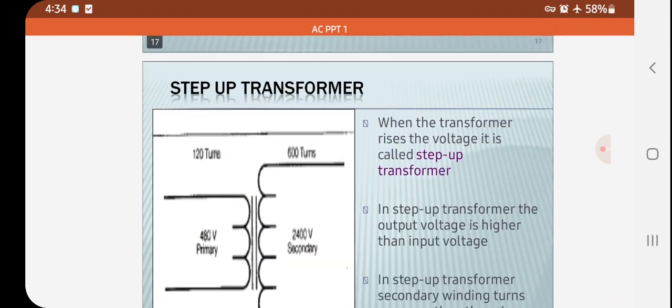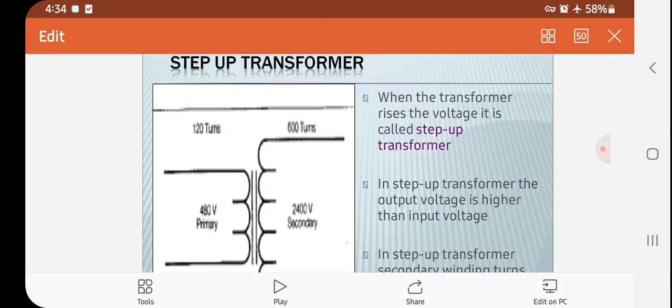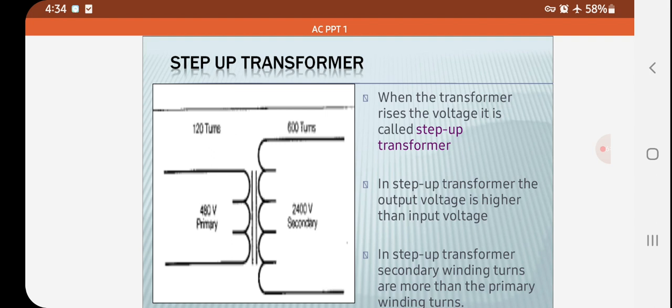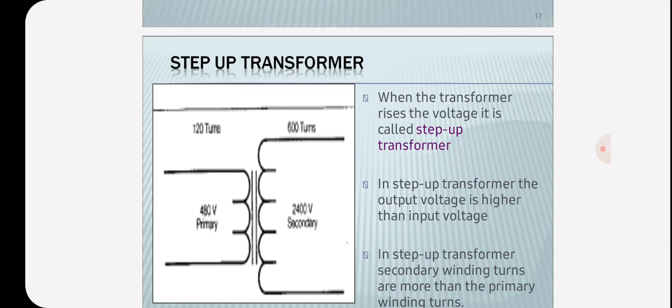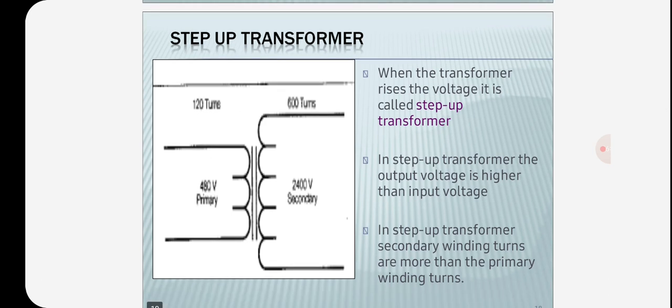So in step up transformer, the transformer raises the voltage, it is called step up transformer. In step up transformer, the output voltage is higher than input voltage. In step up transformer, secondary winding turns are more than the primary winding turns.